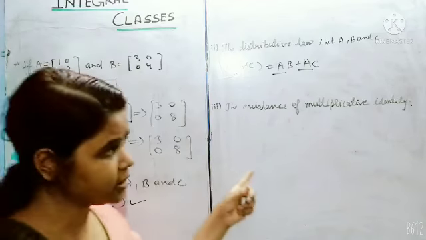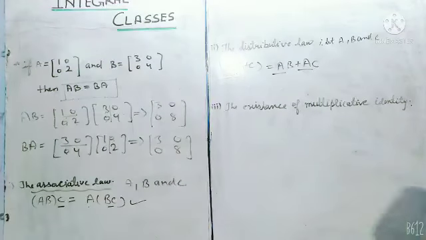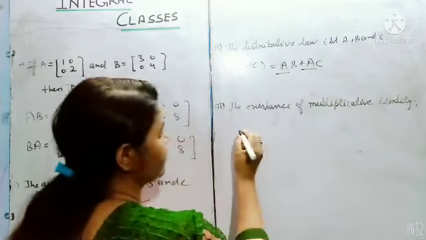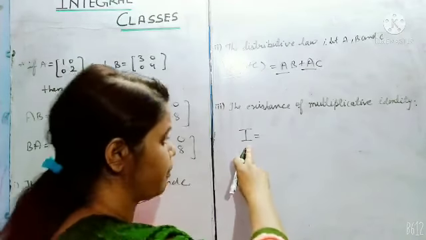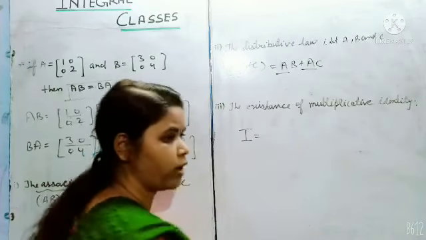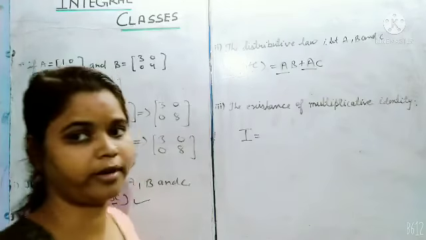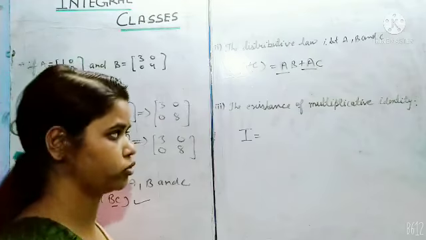Now, existence of multiplicative identity. We consider I, the identity matrix, which is a square matrix, of order 2 cross 2 or 3 cross 3.